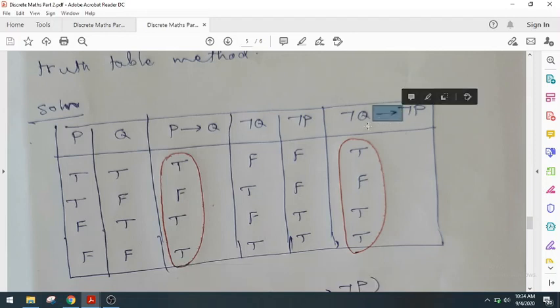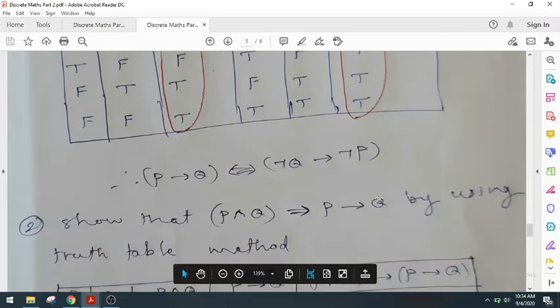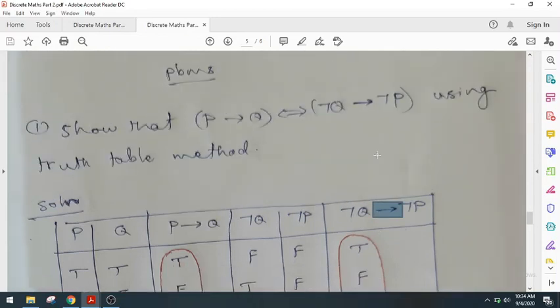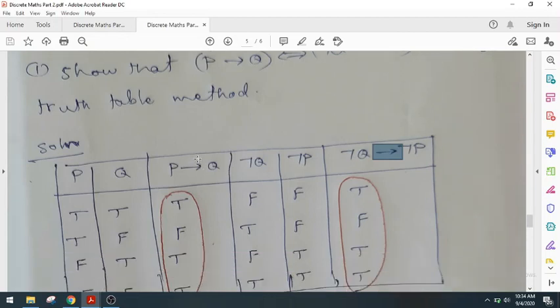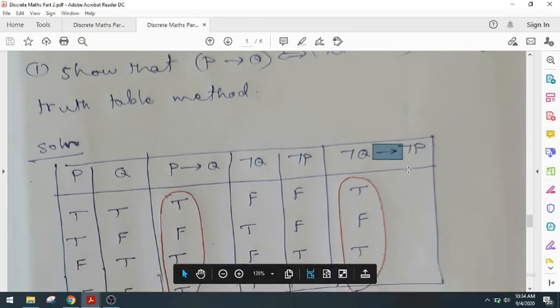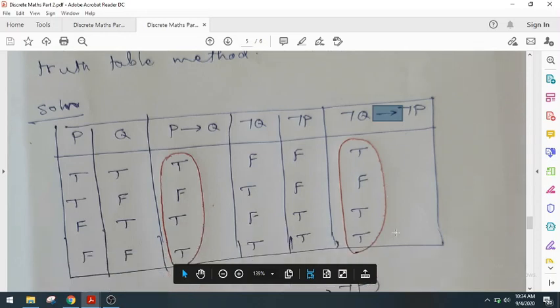Therefore, look at T in negation Q and F in negation P. If there is a TF format, then the answer is F, otherwise the answer is T. So only in the second row do we have the TF format, so the answer is F, and the remaining are all T. Therefore, now we have to show that P then Q is tautologically equivalent to negation Q then negation P. So here we found P then Q, and here we found negation Q then negation P. Now look at both entries.